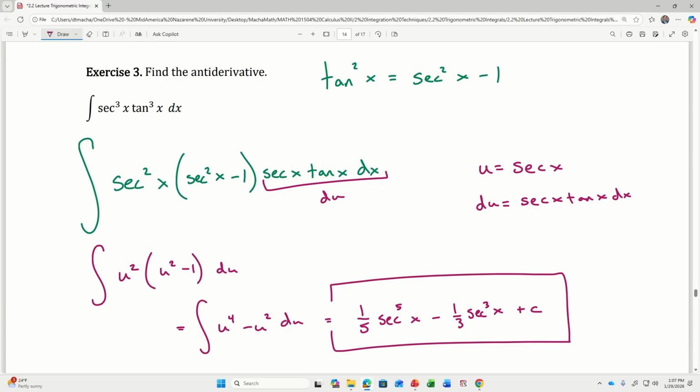By the way, something really weird happens if you were to have an integrand that looked like secant to the 4th times tangent cubed of x, where you could do the secant u substitution, or you could do the tangent u substitution. You've got a choice on which one you want to do. You'll actually get an antiderivative that looks different but is exactly the same.